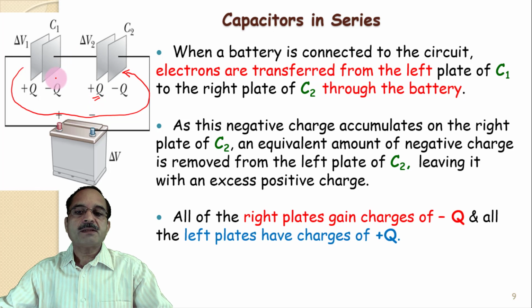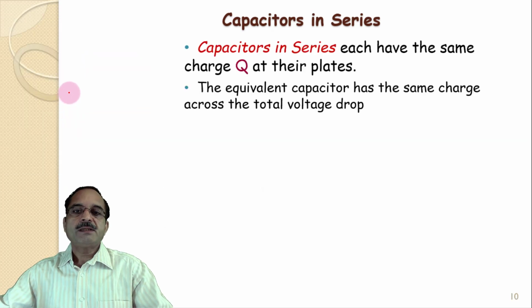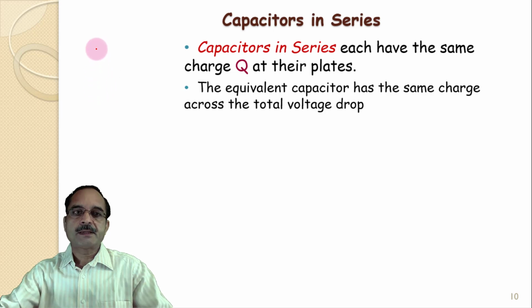And all the right plates of the series combination attain negative charge, and all the left plates attain a positive charge plus Q. When the capacitors are in series, each capacitor has the same charge on its plates.